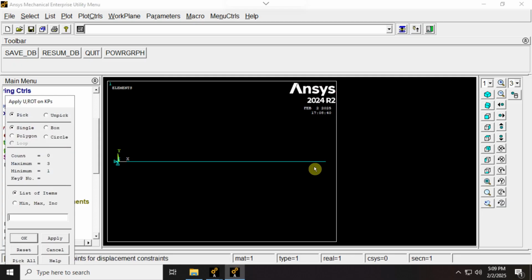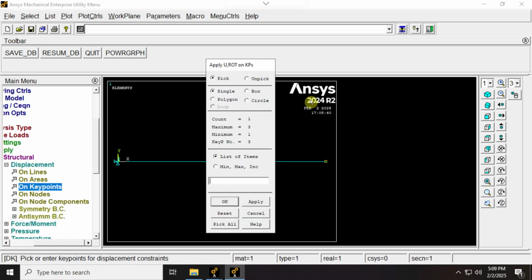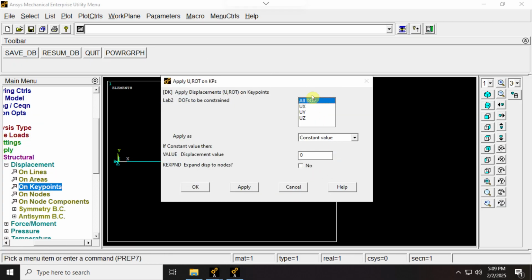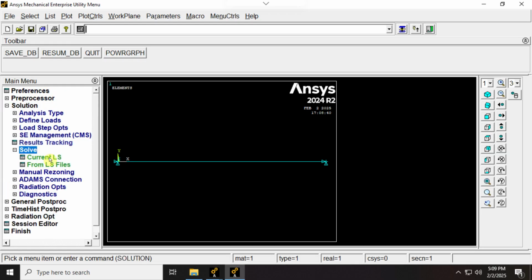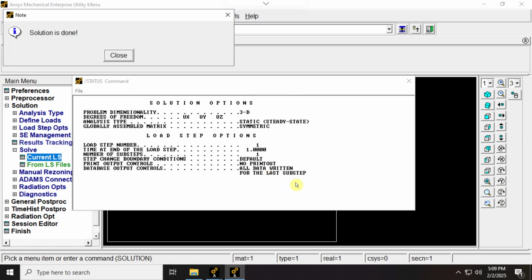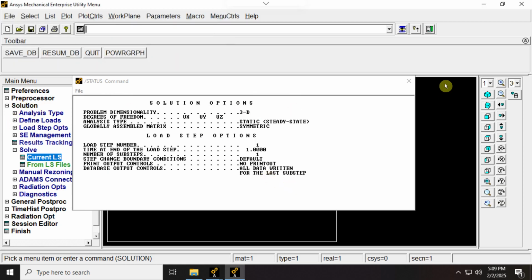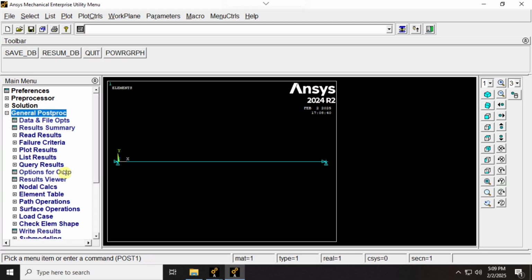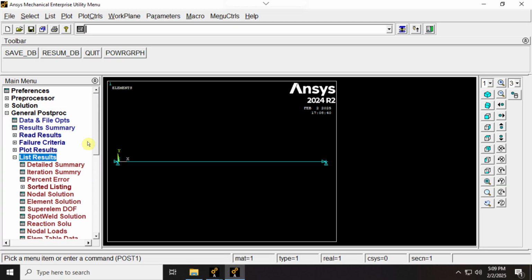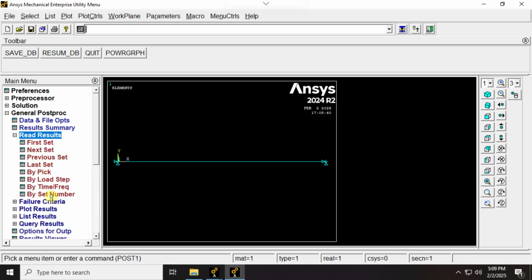Key point 2 also has everything fixed. So we did that, everything is done, and temperature is defined too. Now let's see the solution. Solution done. Now let's look at the answer. Post processing, I go here.